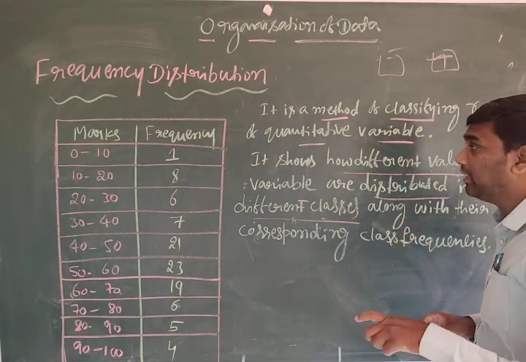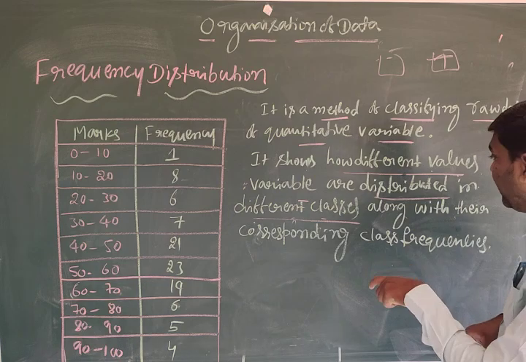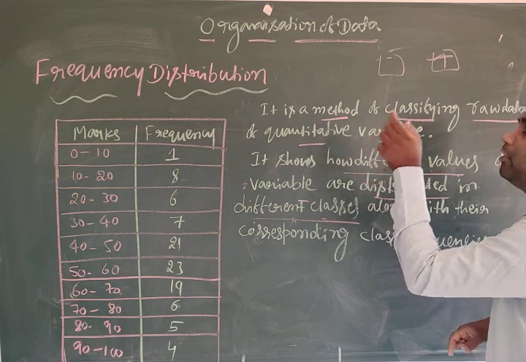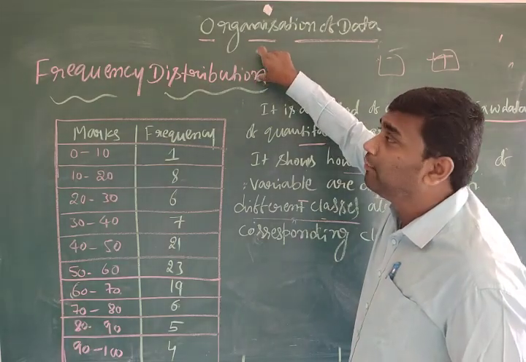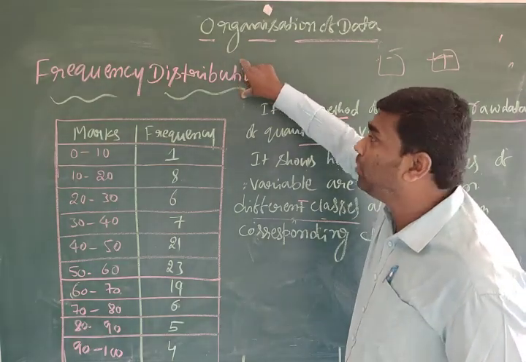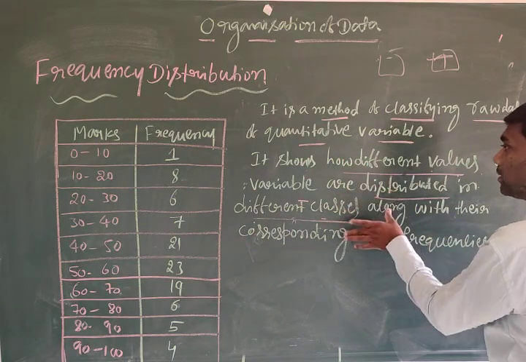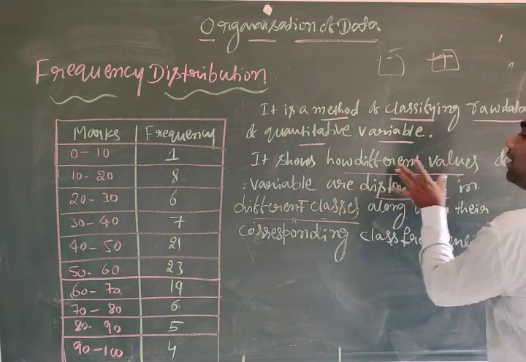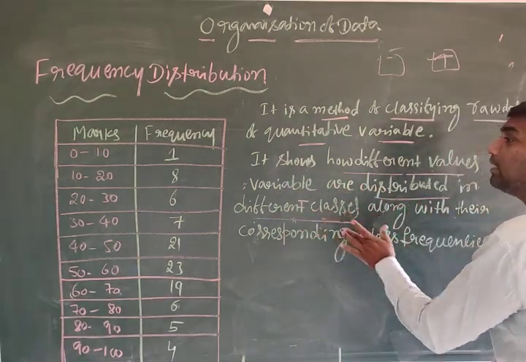Raw data can be understood with the help of frequency distribution.